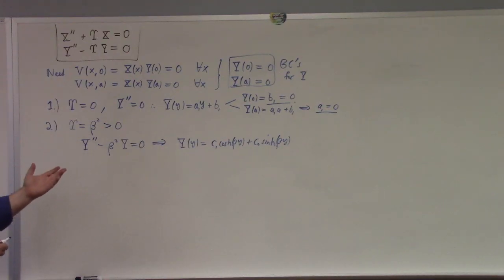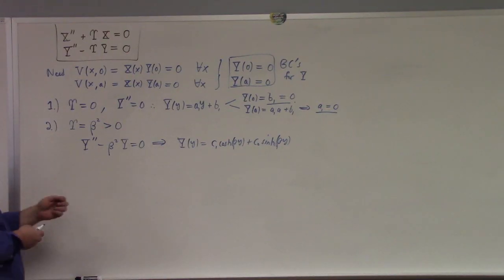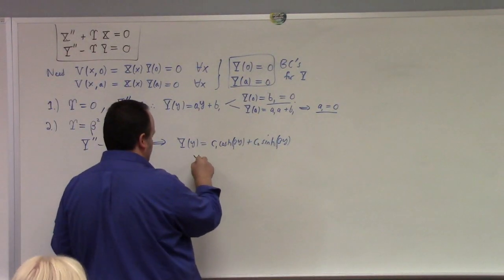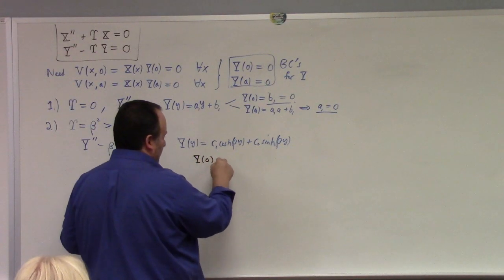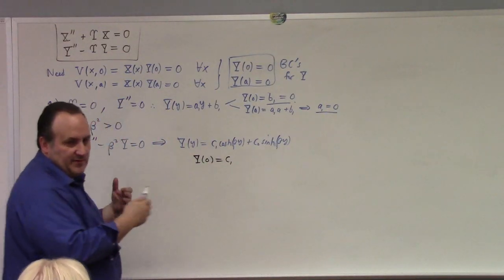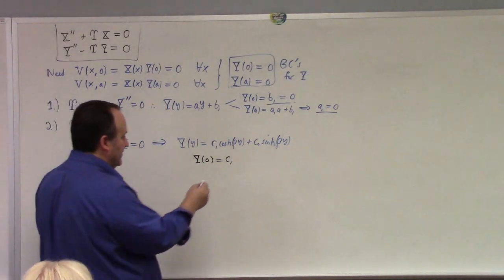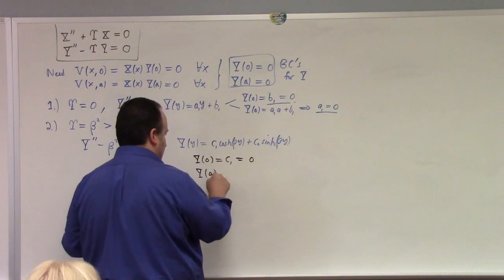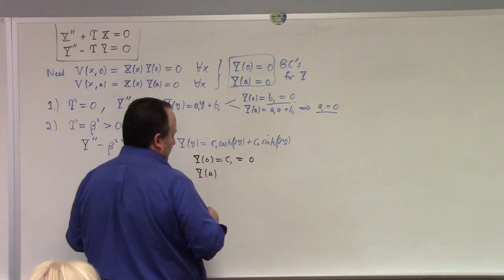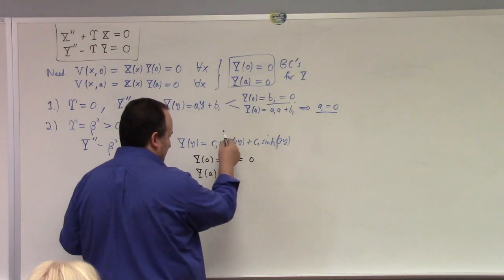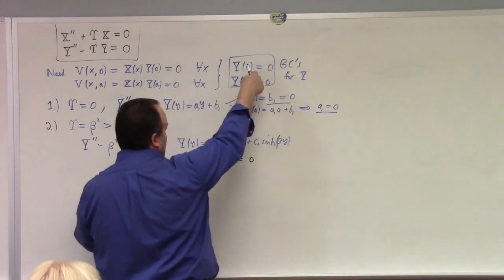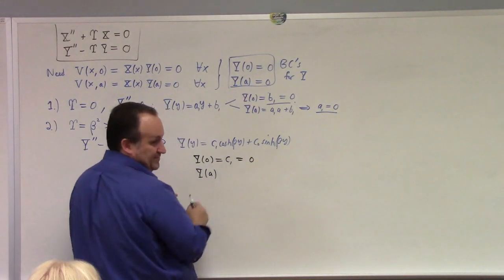But anyway, continuing with the physics. So this is the solution, and we have nothing defined here, though. You see, because y of 0 is c1, because cosh of 0 is 1 and sinh of 0 is 0, so this gives me c1 times 1 is 0, so the boundary condition becomes c1 is 0.